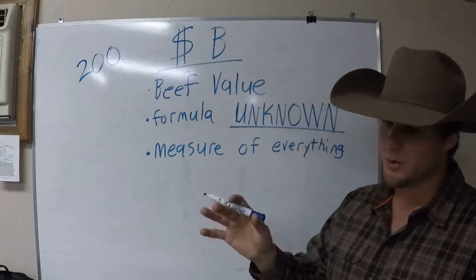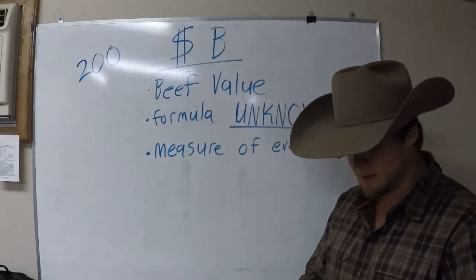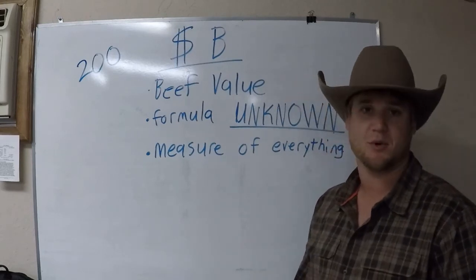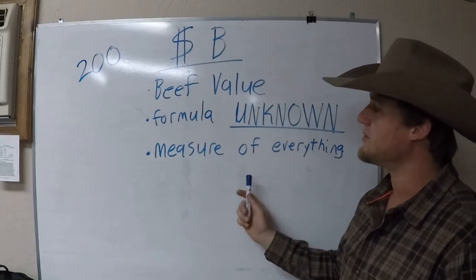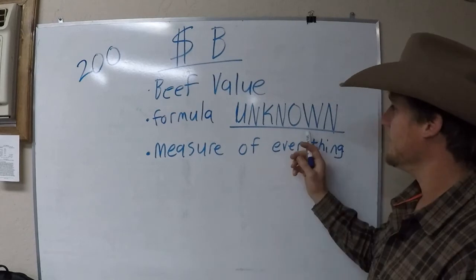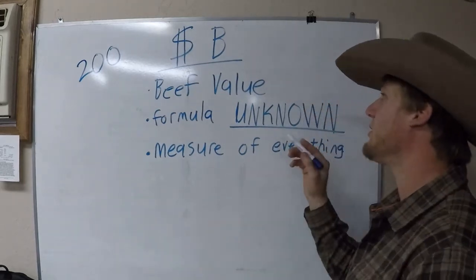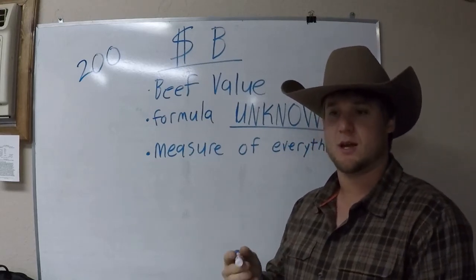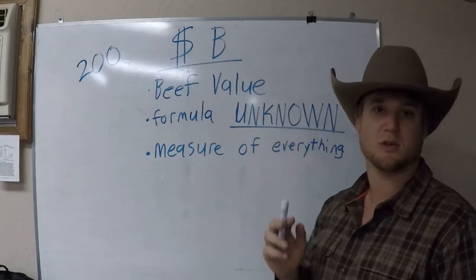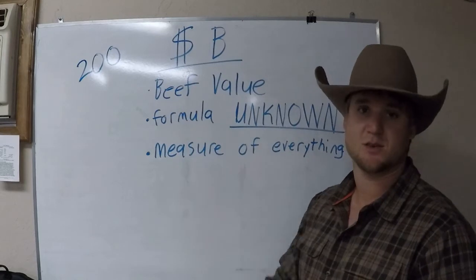If you breed a bull and his $B is over 200, I suggest you heavily market that bull, and you can get a high premium for him. If you call the Angus Association and ask how $B is derived, they really can't tell you because the formula is unknown. They will not release the formula.